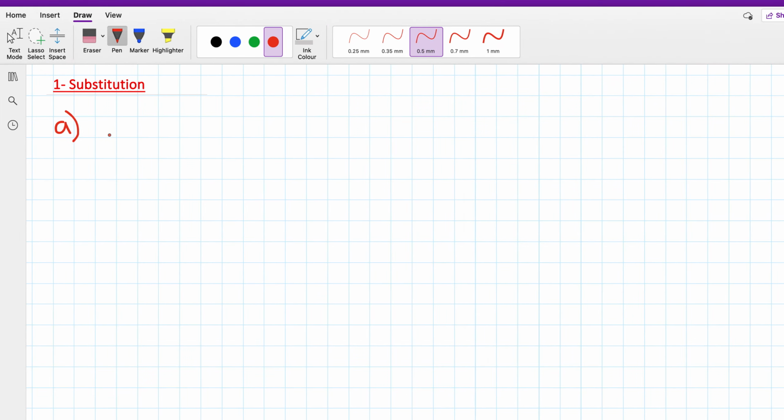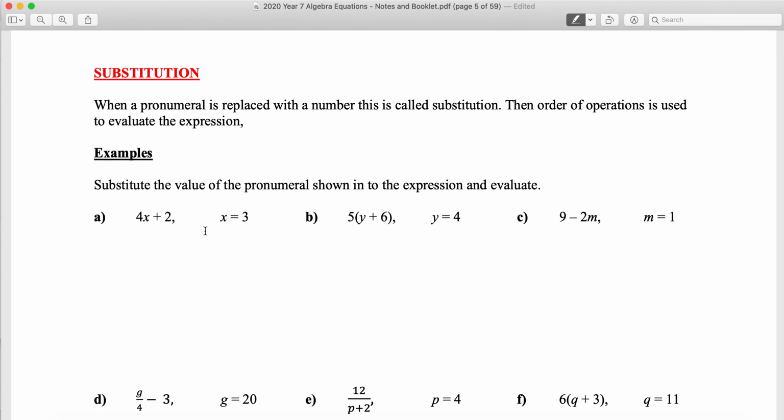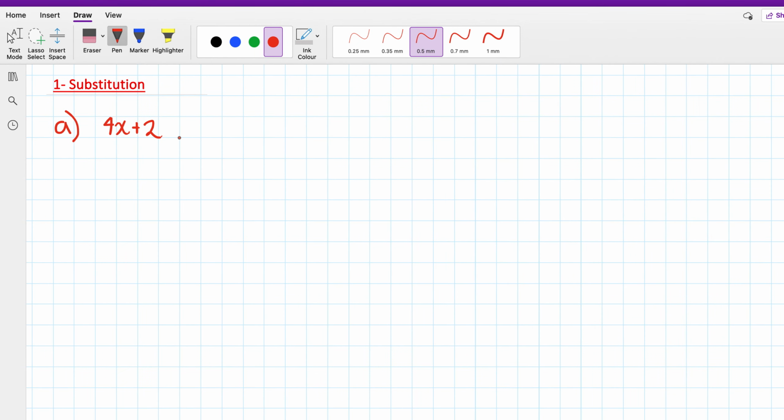So 4x plus 2, and this comma means when x is equal to 3. Remember that x is a pronumeral. It can take any value. In this case, they're saying that x is equal to 3.